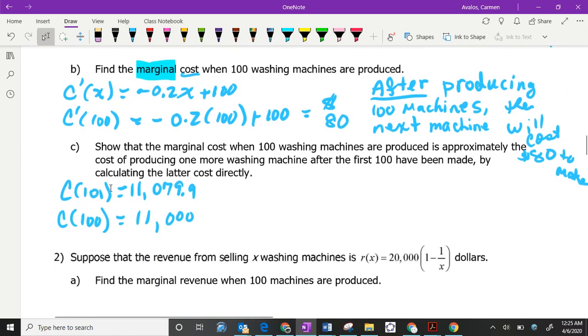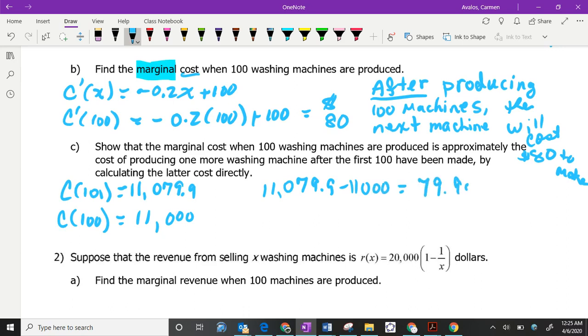So at 101 machines, this is what it is. At 100, it's 11,000. And in order for me to know the cost between that, we're going to take the 11,079.9 subtracted from 11,000, and we end up with 79.90. So it is actually going to cost me, again, what we said, $80. So $80 is what's going to cost the 101st machine.